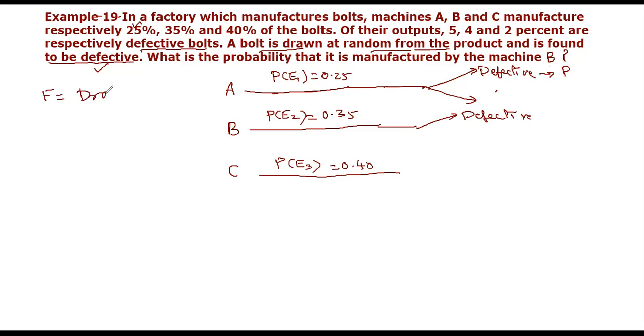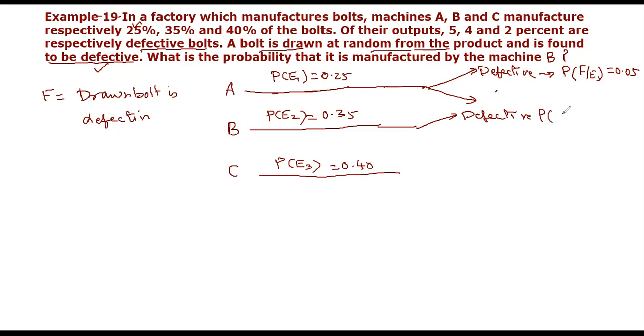The drawn bolt is defective. Assume that the bolt drawn is defective, and we have to find its probability. What is the probability that the defective bolt is from machine B? So we need the defective one. So probability of F given E1, we are taking F instead of A, is equal to 0.05.